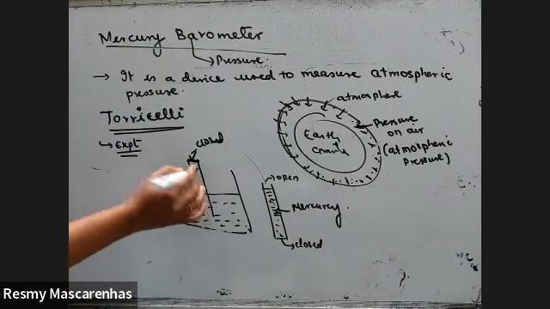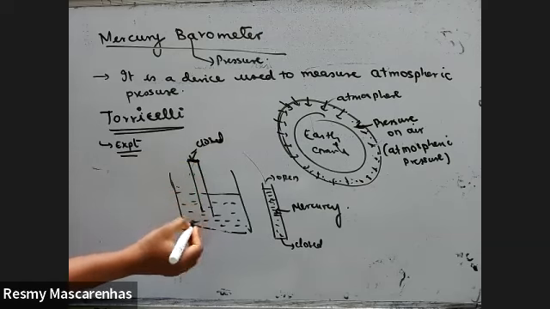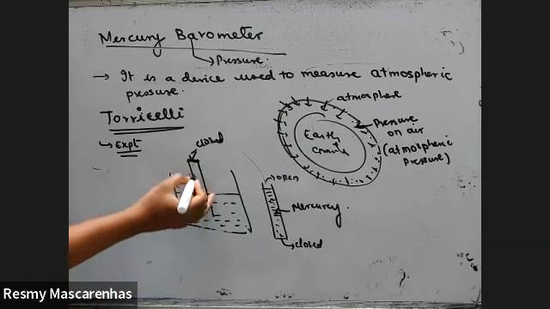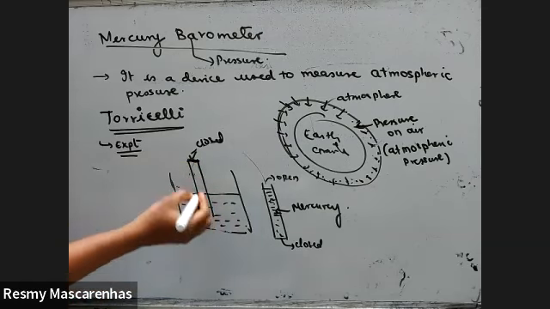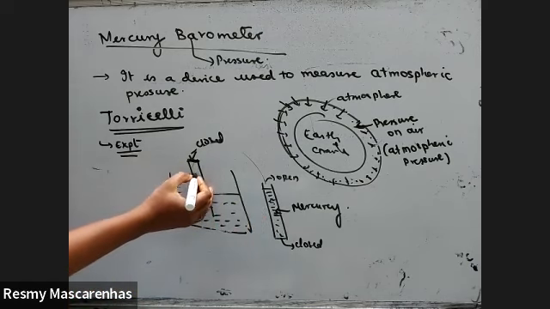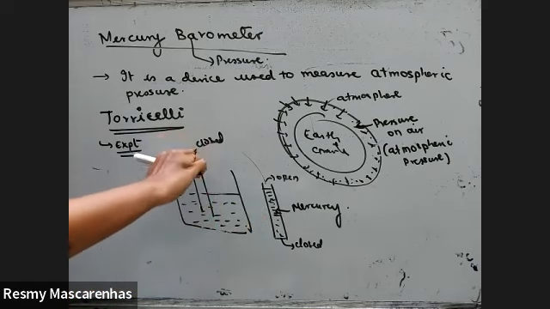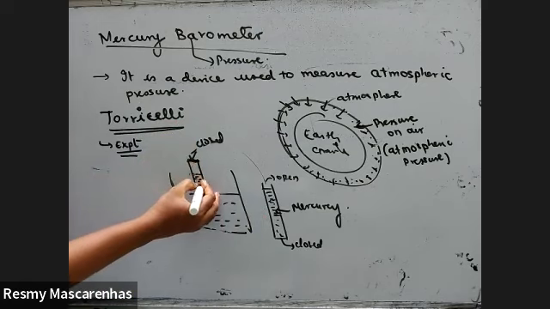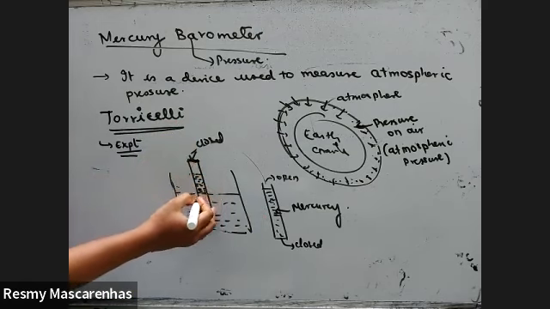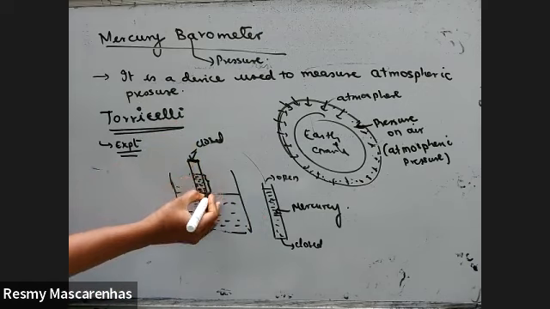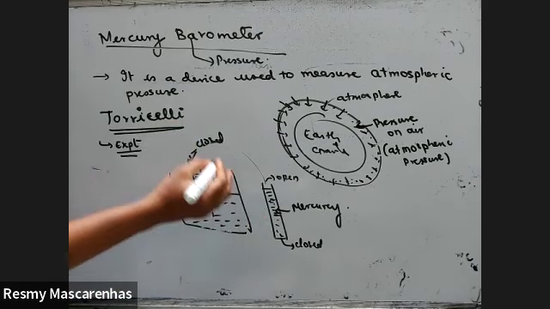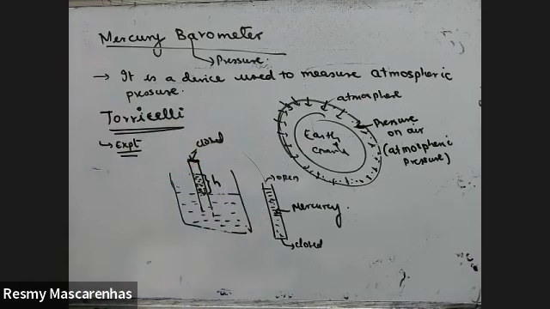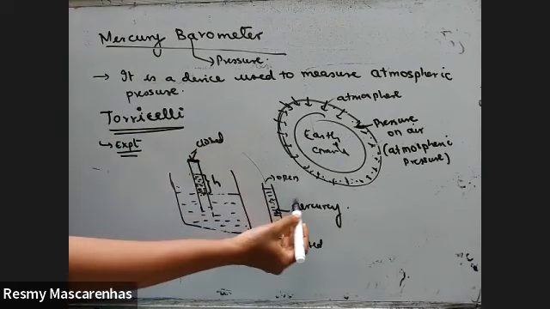Not all the mercury inside flowed into the fluid. The whole mercury did not flow out, only a certain part. So this much got empty and this much remained. Whatever is above the fluid level, that is height h, suppose. Now he tried the same experiment with cylinders of different sizes.